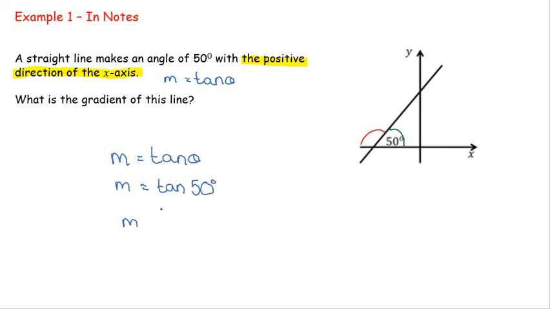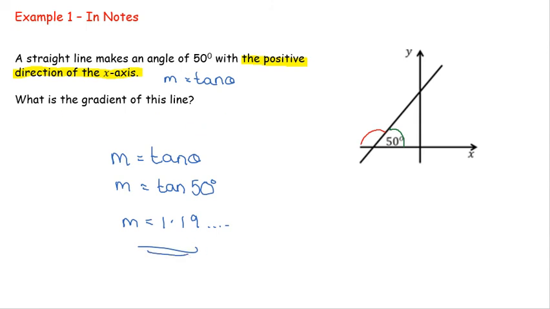And like I said, we can just use our calculator in this case. So on your scientific calculator, just tan of 50, and you'll see we end up with 1.19. There's no specificity about rounding in this case, so 1.19 would be totally fine.